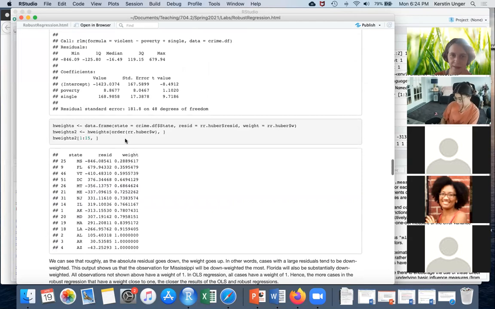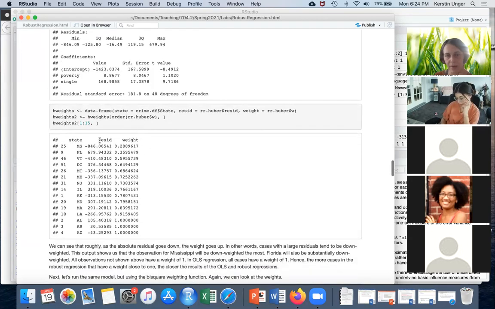They can be pulled out if you just access the field w. So you call your regression object from the robust regression and pull out the field weight from this object. It also has the residuals here.